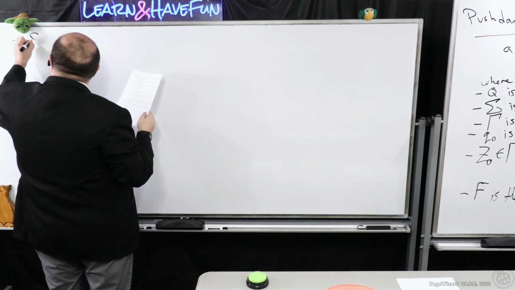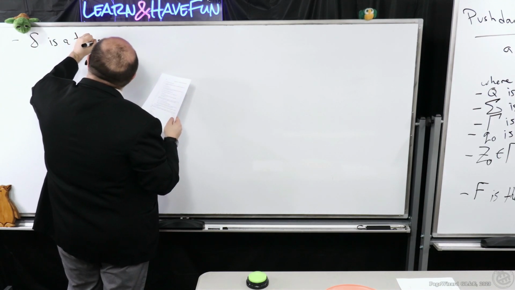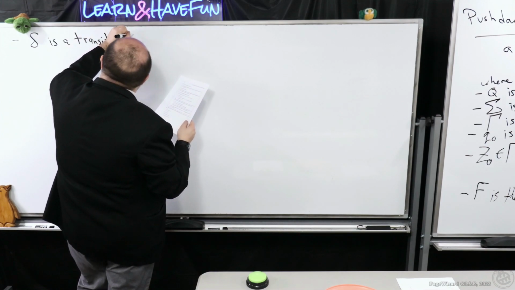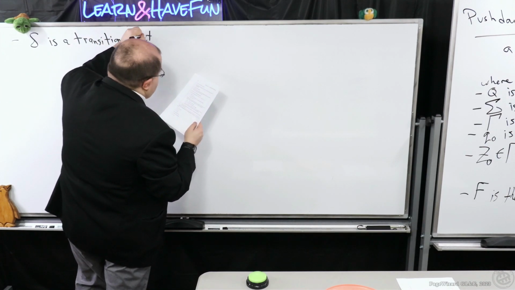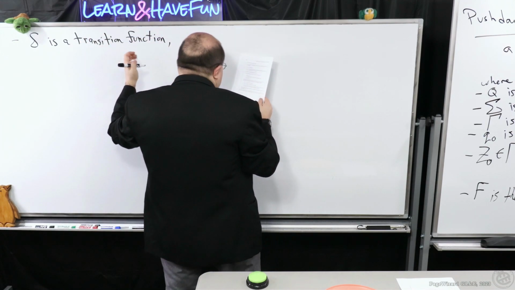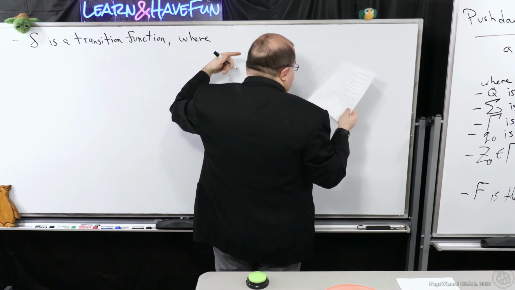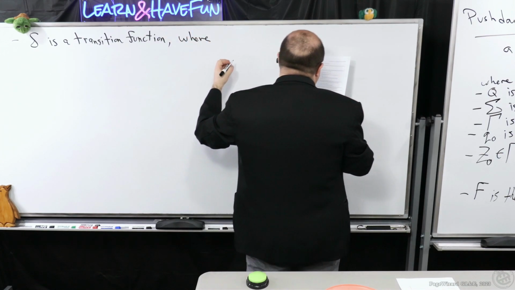So lastly, we have the transition function. Delta is a transition function where now, instead of it being a pair, it's going to be a triple, or three tuple, for those that are keeping an eye on how I use some of this terminology.